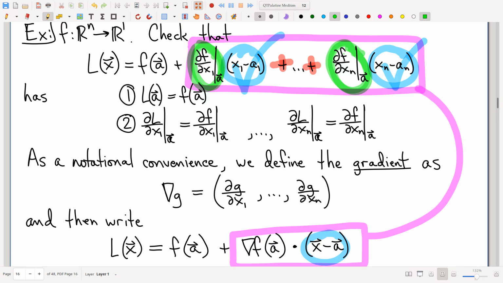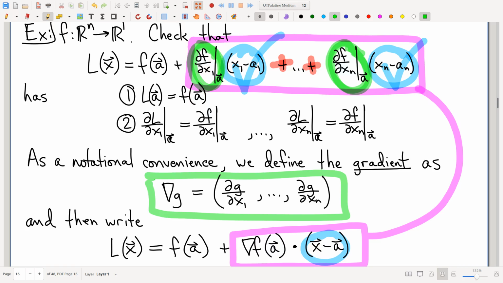We don't have a pre-existing name for the vector of partial derivatives of a multivariable function f. So I'm just going to define the vector whose coordinates are the various partial derivatives of some function. I'm going to define that to be what we call the gradient of a function. I'm doing this just so that I can rewrite this expression as a dot product.